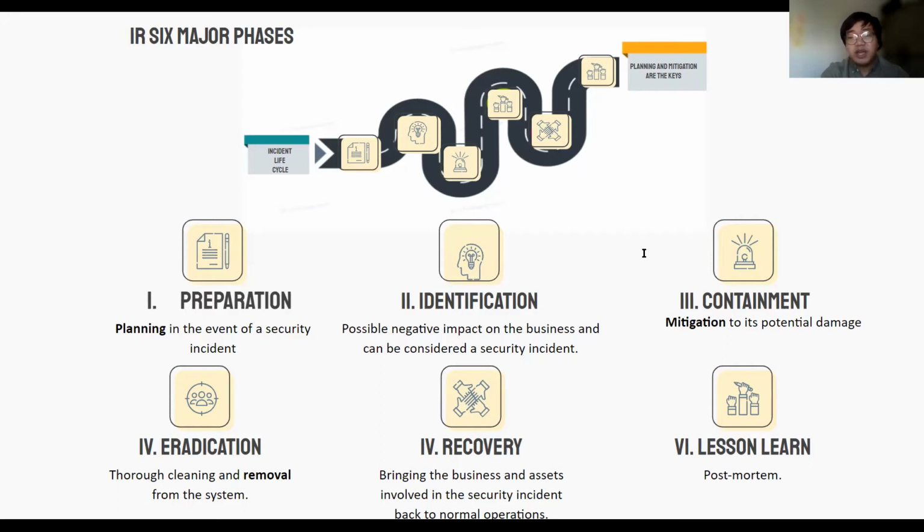So the problem there is that the needed patch that had to be updated was not done by their resources. So unfortunately, that resulted in a data breach of personal information and data.